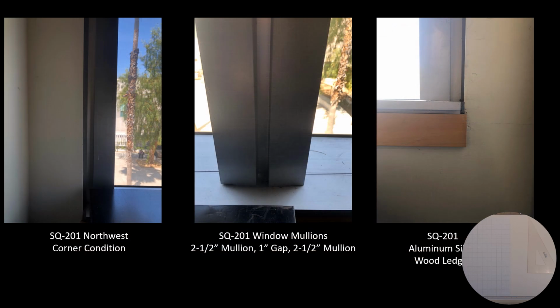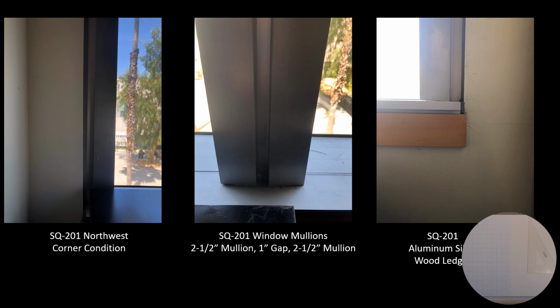These three images are images you will wish to refer back to when you are drafting the plan view of the north wall and the elevation view of the north wall. The left-hand image is a close-up of the northwest corner condition. There is a 7-inch wide return wall face to where it meets the window opening.